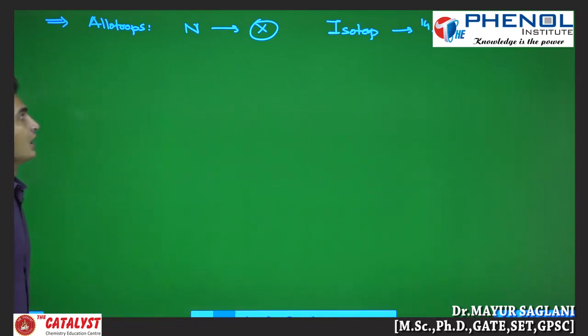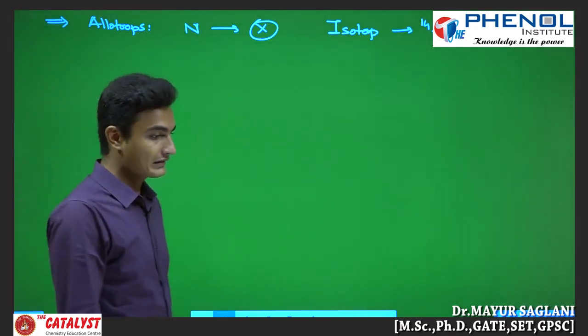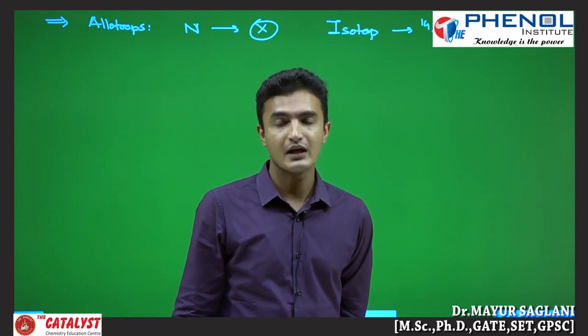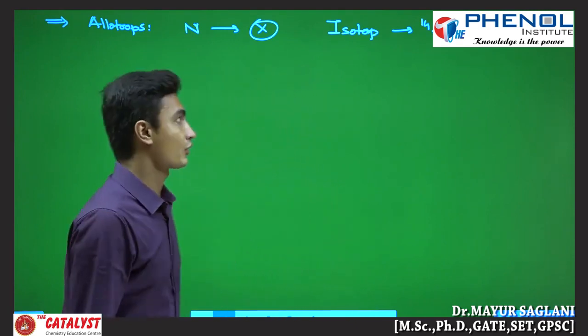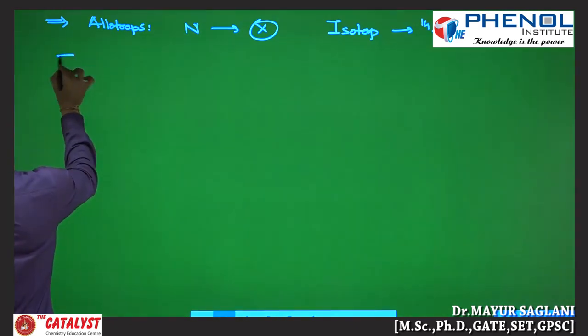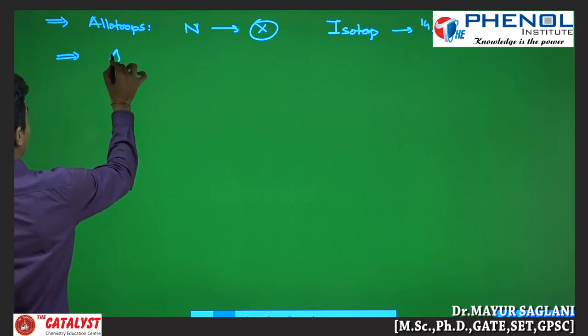Phosphorus, arsenic, antimony and bismuth show allotropes, and we will study the allotropes of phosphorus.